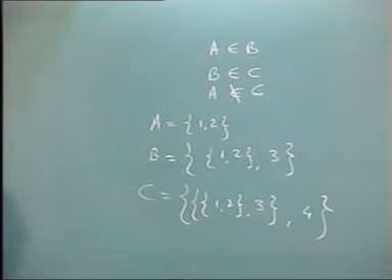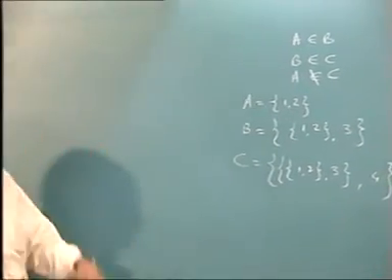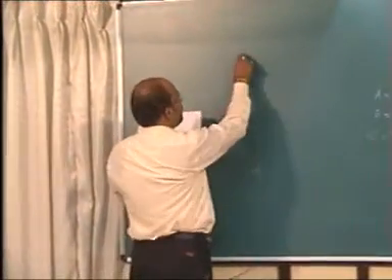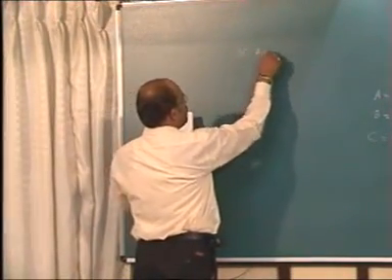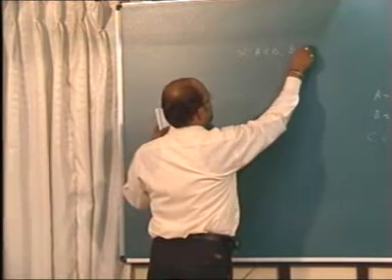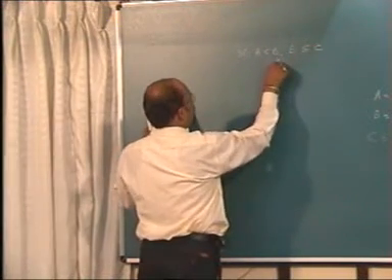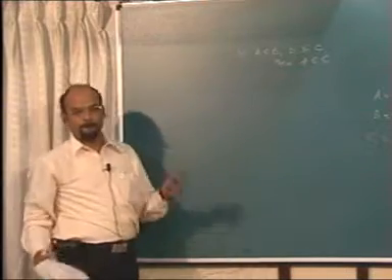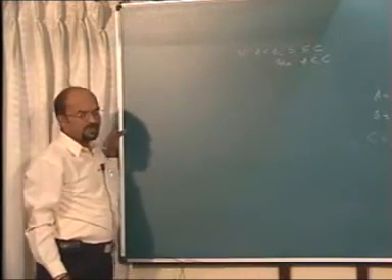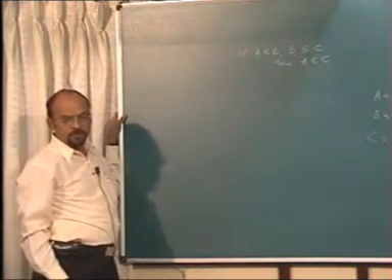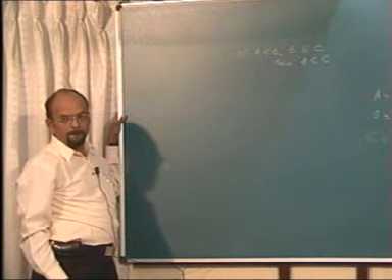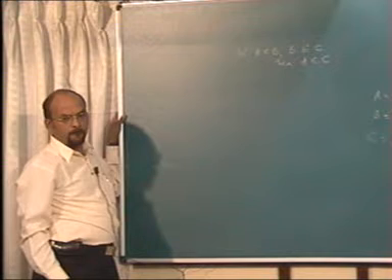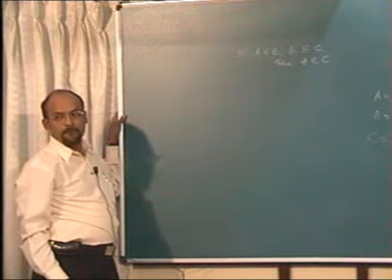State true or false. If A belongs to B and B is a subset of C, then A belongs to C. True.